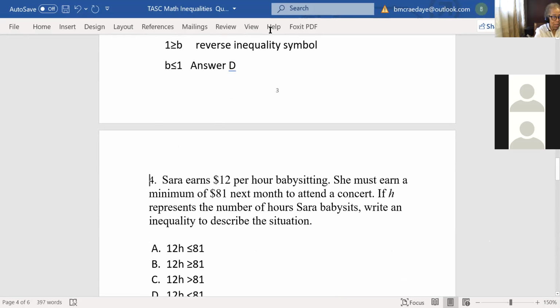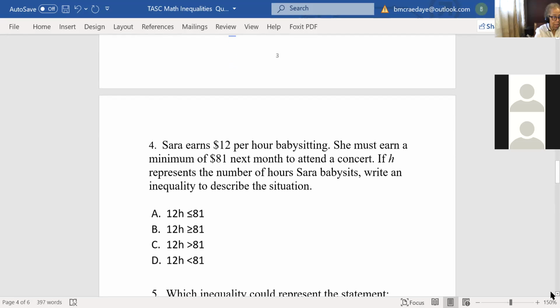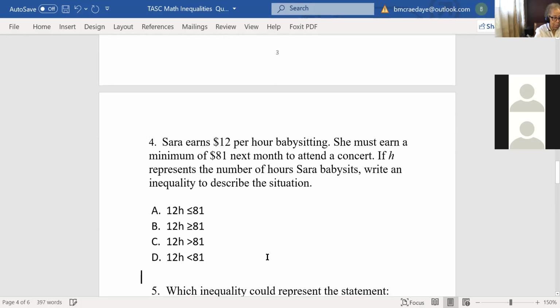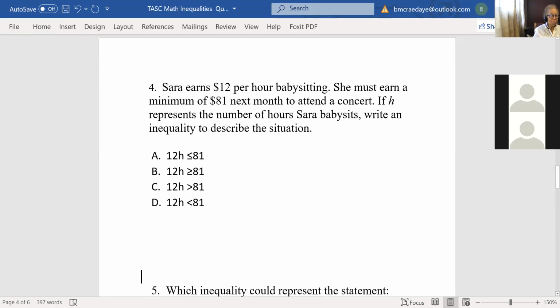I want you to read this one. You don't have to read it out loud. You can read it silently if you want, and tell me which answer you think is correct. Sarah earns $12 per hour babysitting. She must earn a minimum of $81 next month to attend a concert.